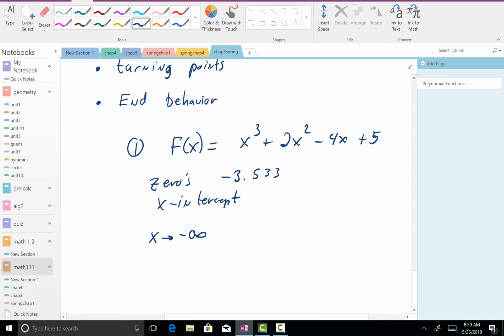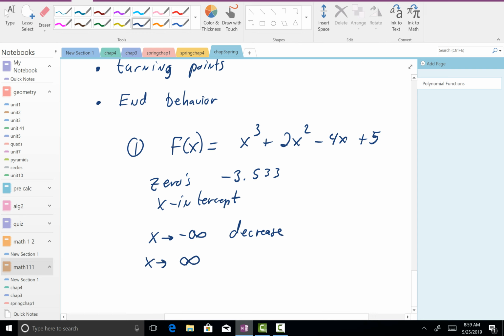So what's the end behavior as x approaches negative infinity? It's either going to fall or it's going to rise. What's it going to do? Decrease. As x approaches positive infinity, what's it doing? Increase. Good.